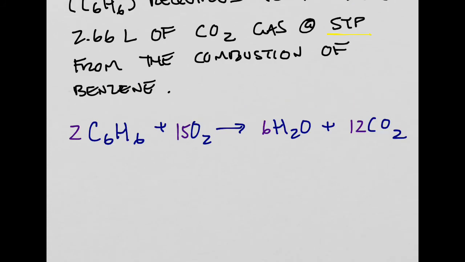Most importantly, don't forget that I'm given the 2.66 liters of CO2 gas. So I need to convert that 2.66 liters of CO2 gas into moles. This is happening at STP, so I know that 22.4 liters is 1 mole of any gas, and I'm going to use that in my conversion.